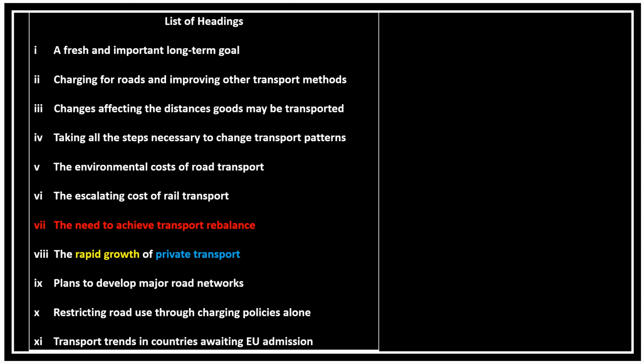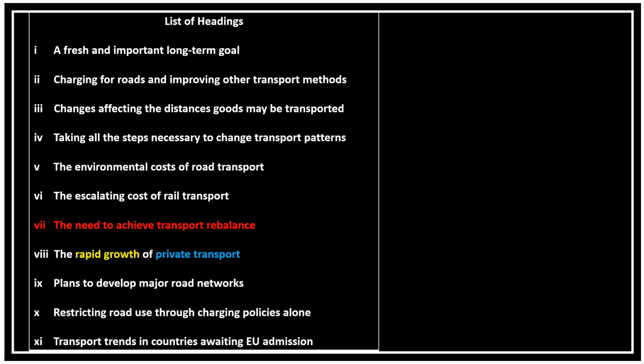Now, let us cross-check the given headings and choose that option, that heading, which has these two key ideas. Only option 8 has the keyword that is rapid growth. And what about cars? Do you think the keyword cars and private transport are similar?